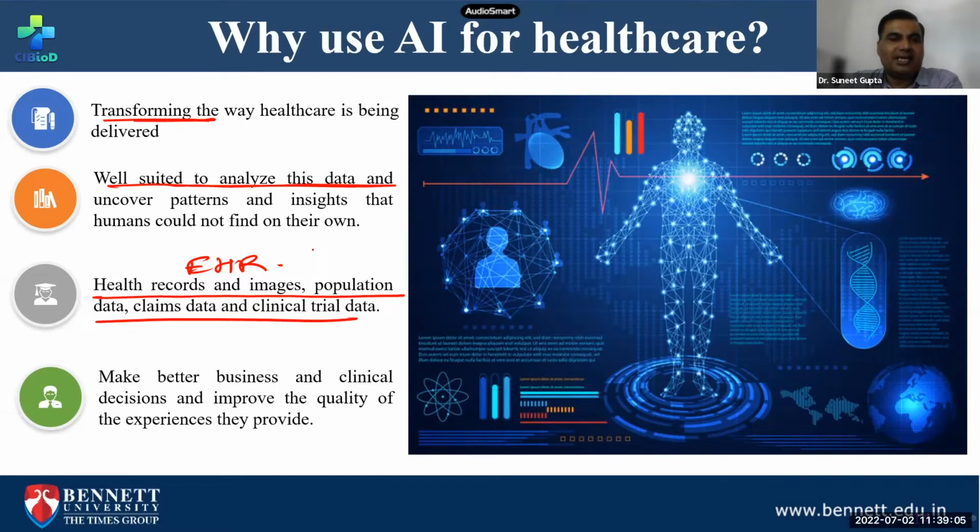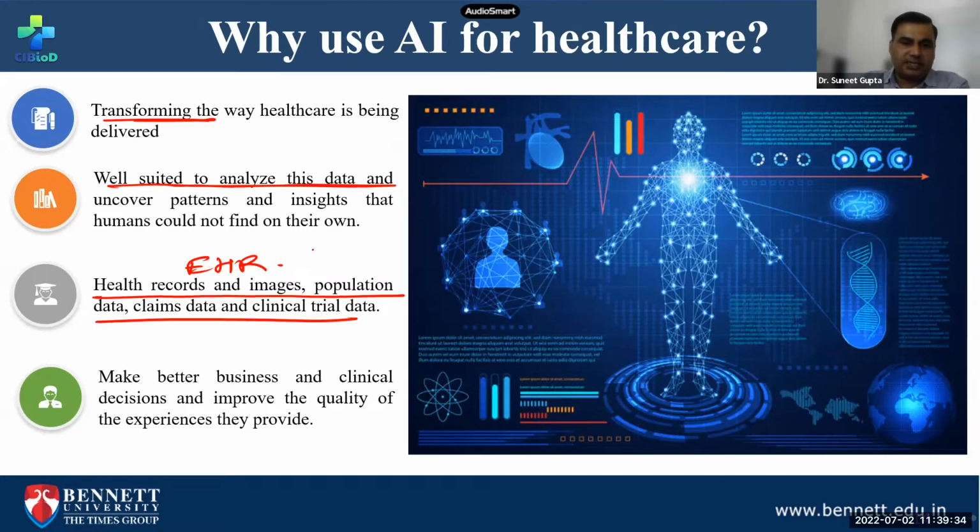In that case, it is possible that EHR can arrange an appointment with the doctor. Based on the health record or health history, the EHR tool can simply arrange the appointment with the doctor. So with the help of EHR, such a facility is also provided.